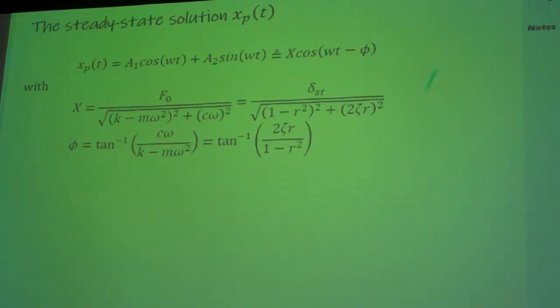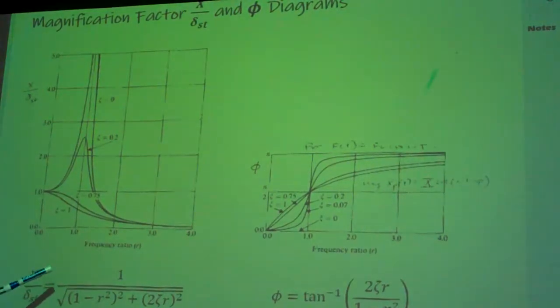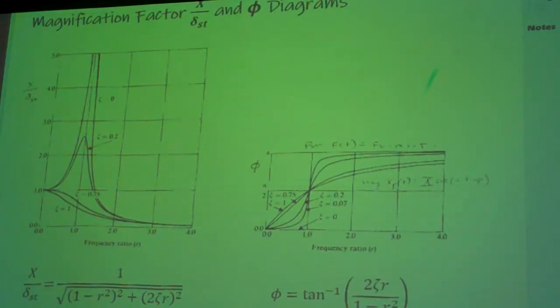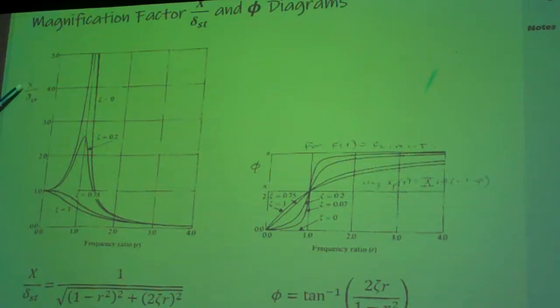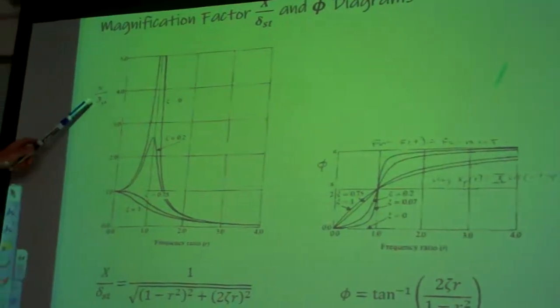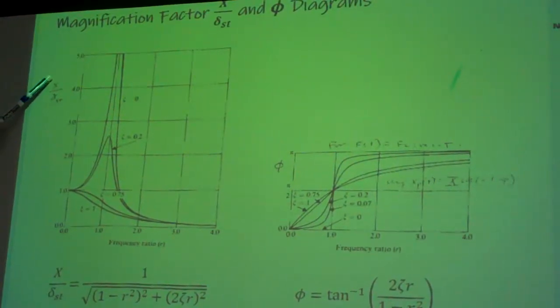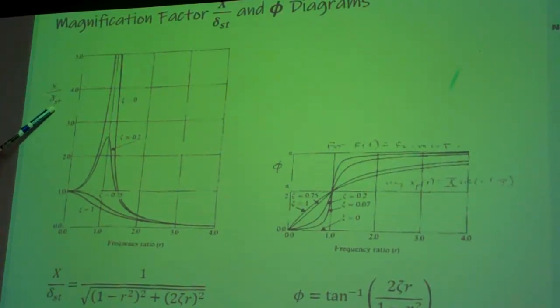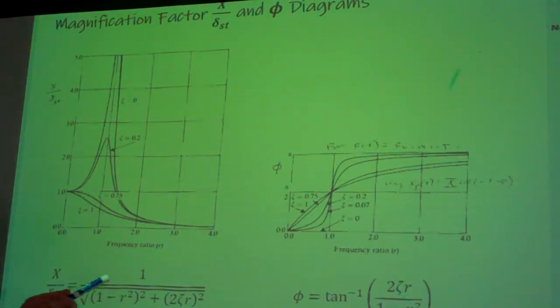So starting based upon here, we begin to look at the curve. And so if we divide the magnitude of the steady state response by the static deflection, basically this one, again, this one is defined as the magnification factor.